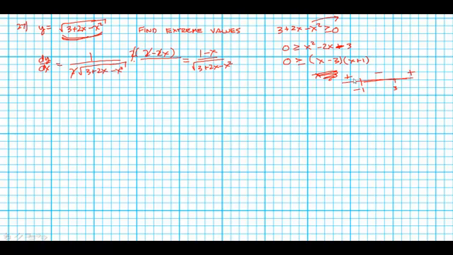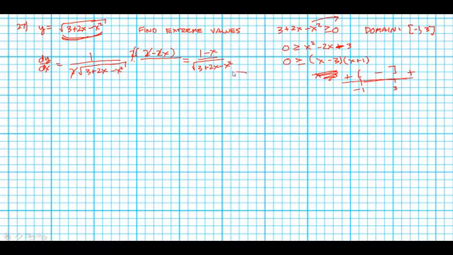When we get lower than negative 1, we have a double negative and don't satisfy. So it's in this interval from negative 1 to 3 that we satisfy, and this function is defined. So let's put that down as the domain: the closed interval from negative 1 to 3.